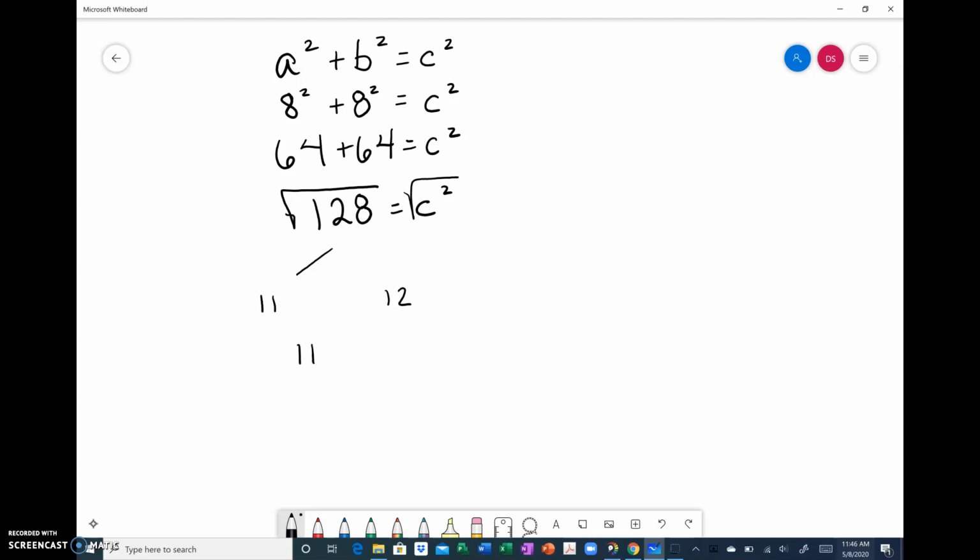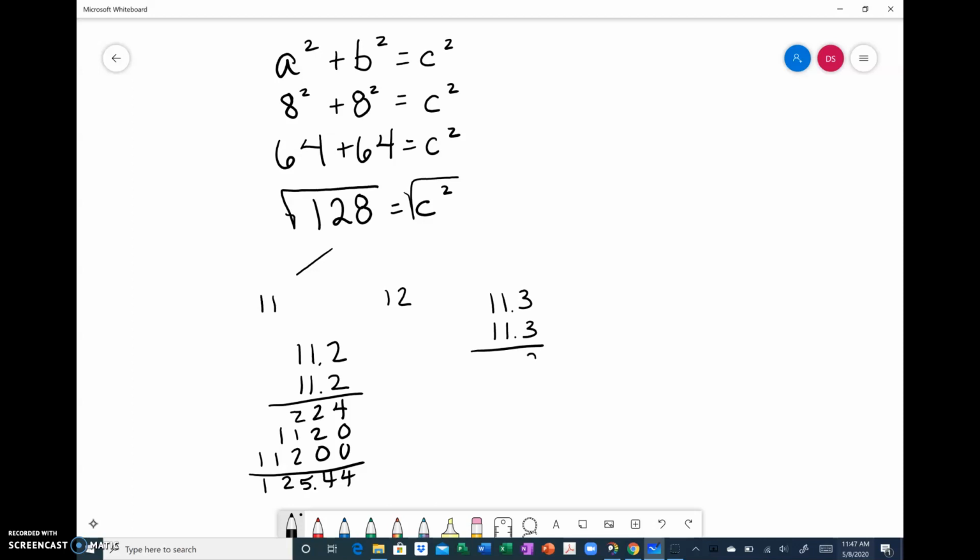I'm going to start with 11.2 just as a guess, and work out that multiplication. And I get 125, so I didn't go high enough. I'm going to try 11.3. Maybe I'll jump a little bit over it, and then I will know which one I can use.